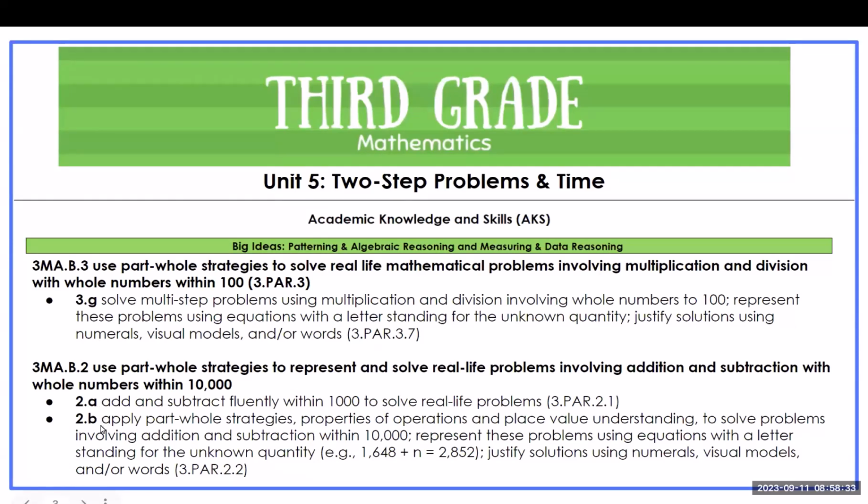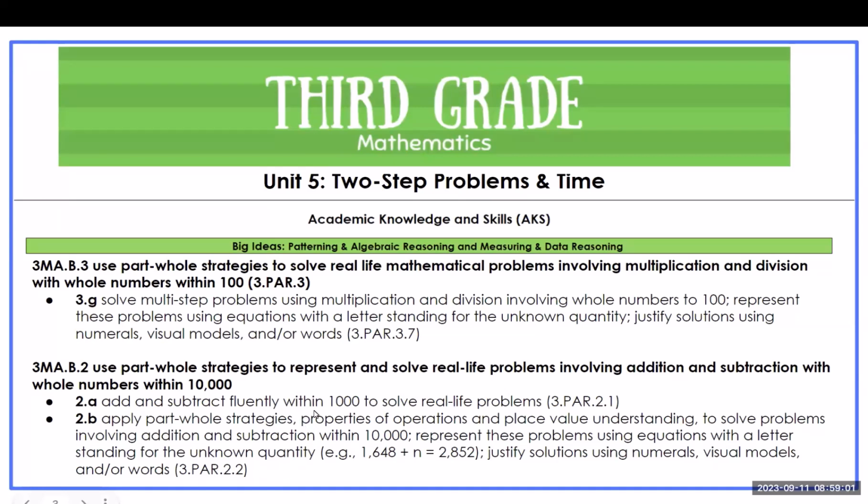IOAs 2A and 2B are intentionally included in this unit because students are expected to solve multi-step problems involving all four operations: addition, subtraction, multiplication, and division. These IOAs support the operations of addition and subtraction.